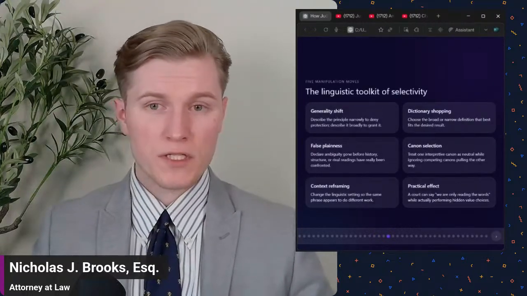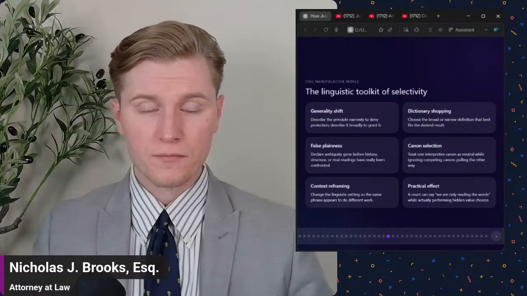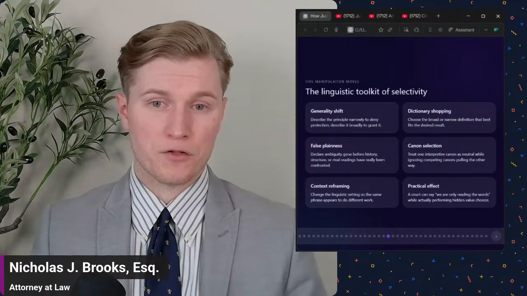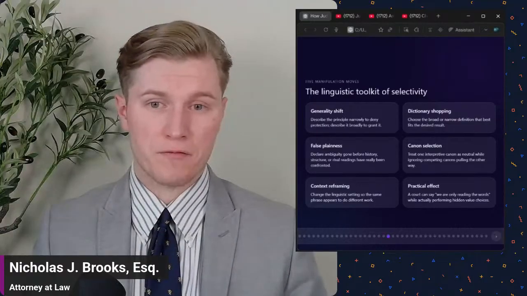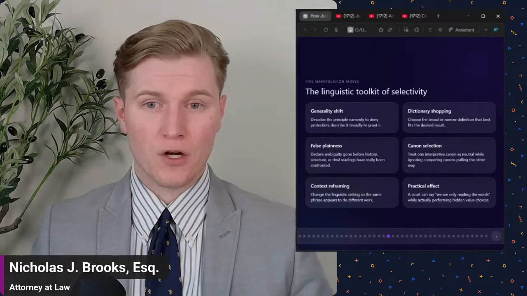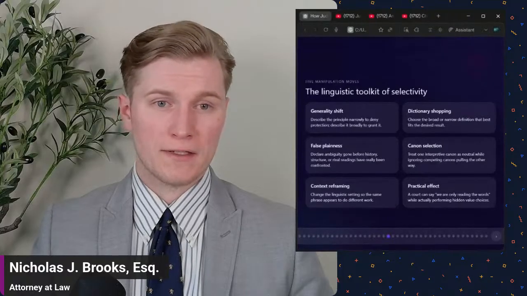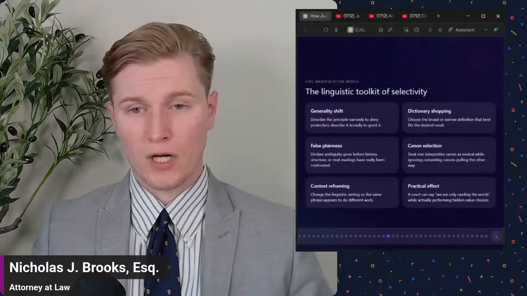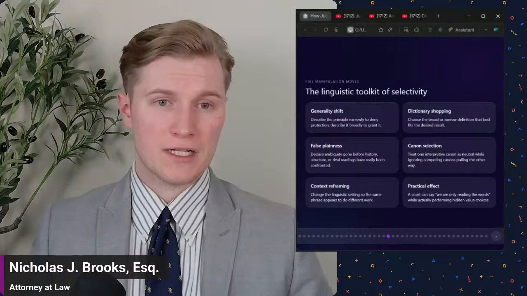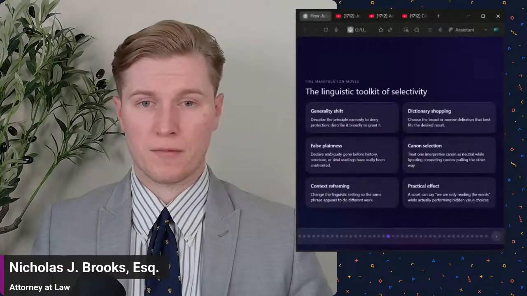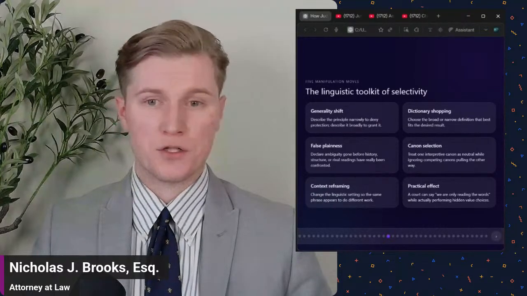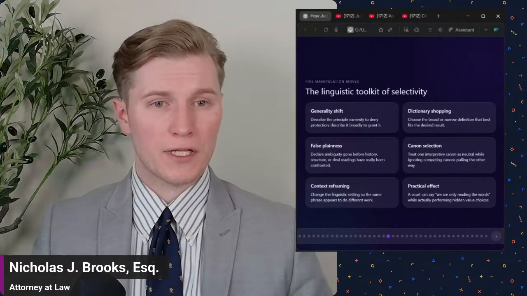So the linguistic toolkit of selectivity. There's all kinds of tools, there's 5 we have on screen, but there's a general shift, or generality shift. So we can describe the principle narrowly to deny protection or describe it broadly to grant it. So if I say we're talking about granting due process rights with respect to criminal protections or any type of constitutional rights, how narrowly can I interpret that?